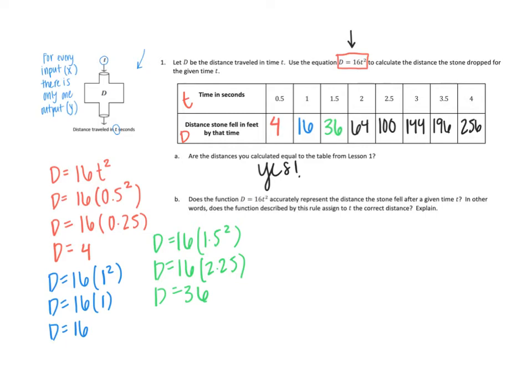And then B says, does the function d equals 16 times t squared accurately represent the distance the stone fell after a given time? Or in other words, does that function described by this rule work? And it does. Yeah, it works every time. We got the correct rule here, and we applied it. So yes, it works.